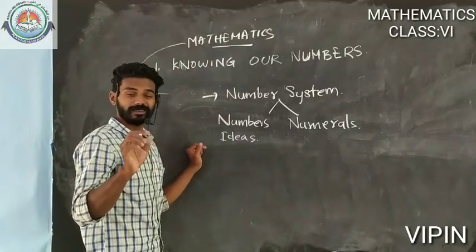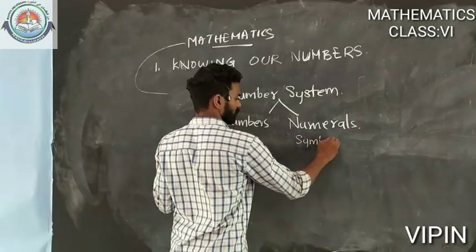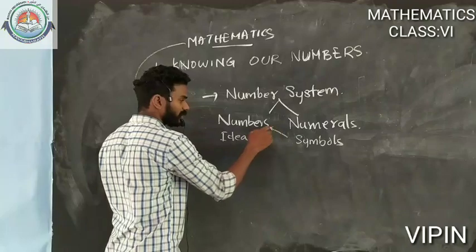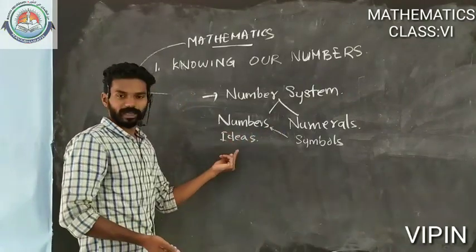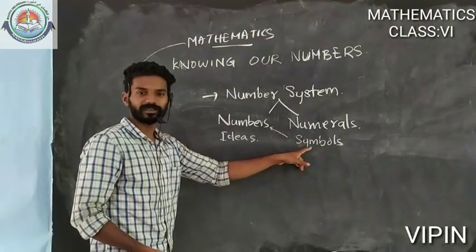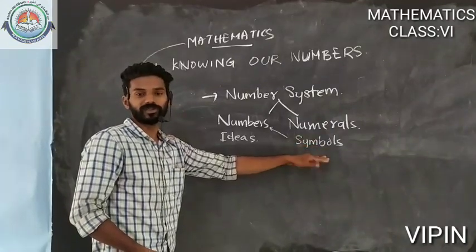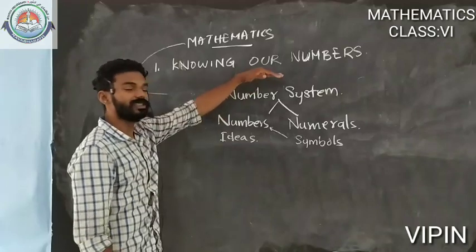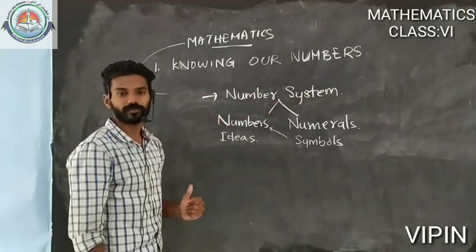Numerals are symbols, and those symbols are used to represent those numbers. So numbers are ideas and numerals are symbols. The purpose of these symbols is that we can use them to represent those numbers. Clear? So these are about the base of a number system.